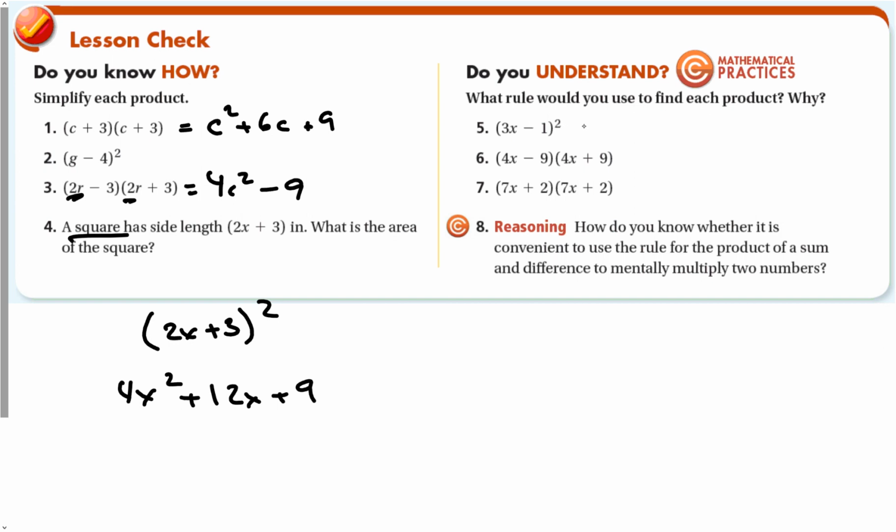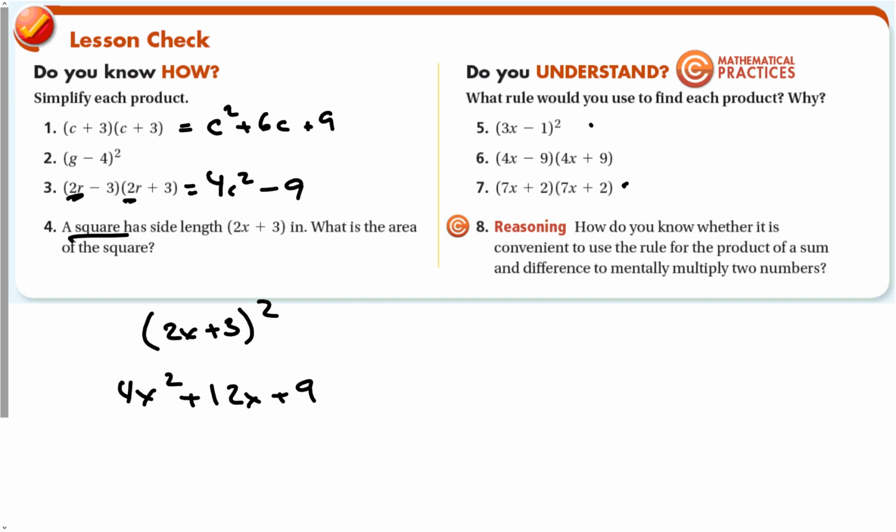What rule would I use for number 5? I would use the rule I just did, right? Same as number 4. This is the product of a sum and a difference, and then this is 7x plus 2 squared. So the first one and the third one, I would use the same rule: A squared plus or minus 2ab plus b squared.